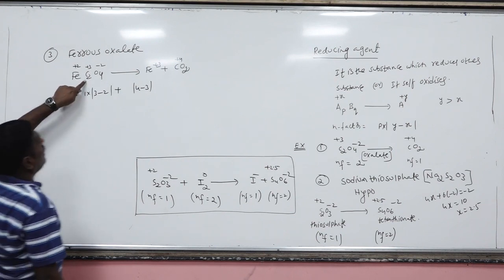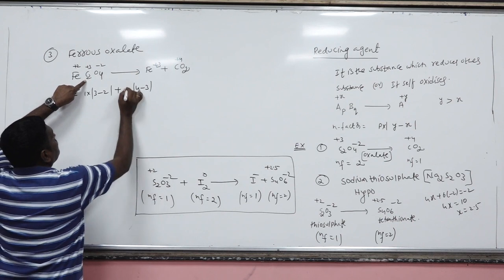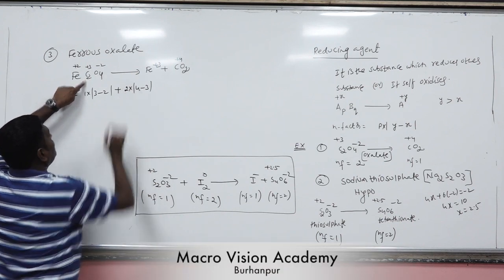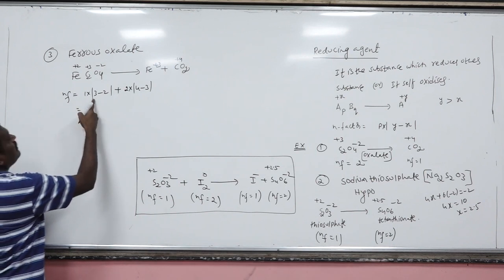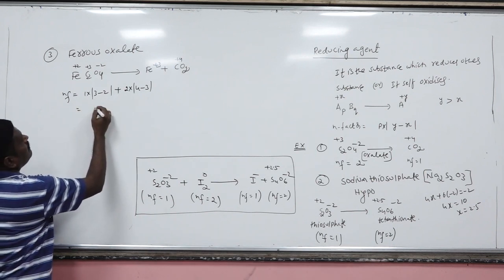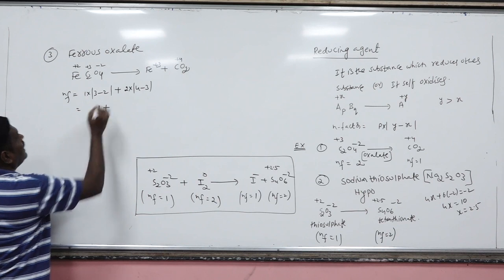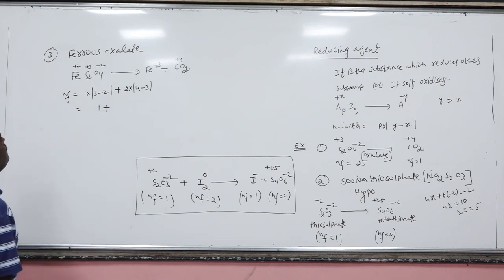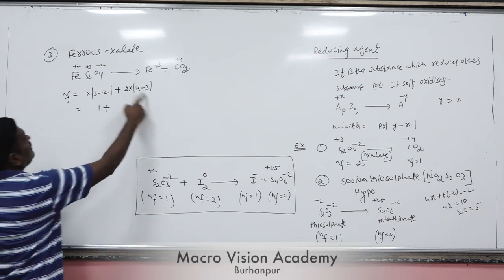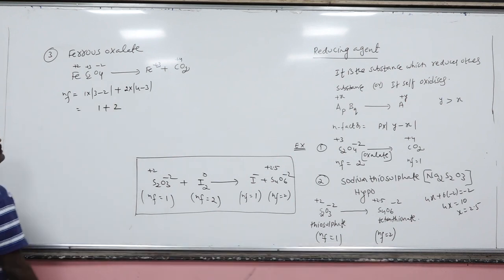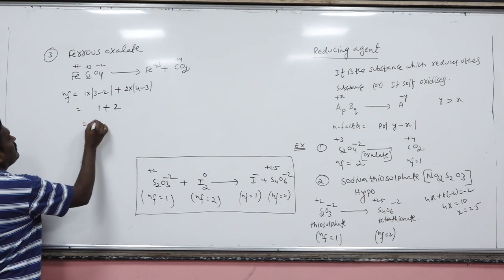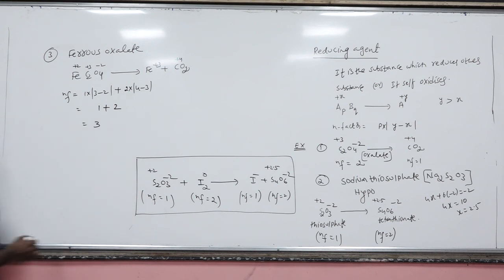How many carbon atoms will be there here? 2 carbon atoms. Now, 3 minus 2, here 1. Now come to 4 minus 3, 1. So 2 into 1, 2, 1 plus 2, 3. So this is the N factor for ferrous oxalate.